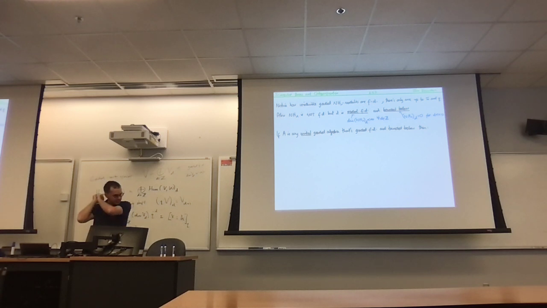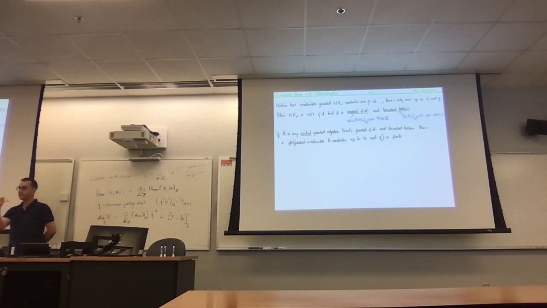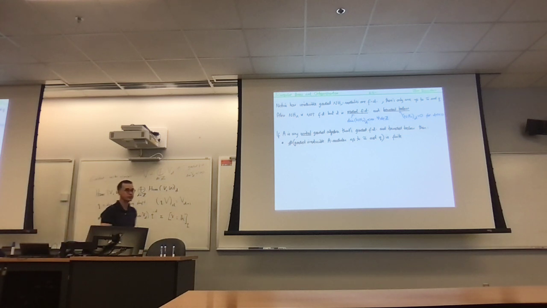But at least if you're unital, like the nil-Hecke algebra, and you're graded finite dimensional and bounded below, then those properties about irreducible modules for the nil-Hecke algebra carry over to A. The number of graded irreducibles up to isomorphism and degree shift is finite. In the nil-Hecke algebra it was 1, but it's always finite.